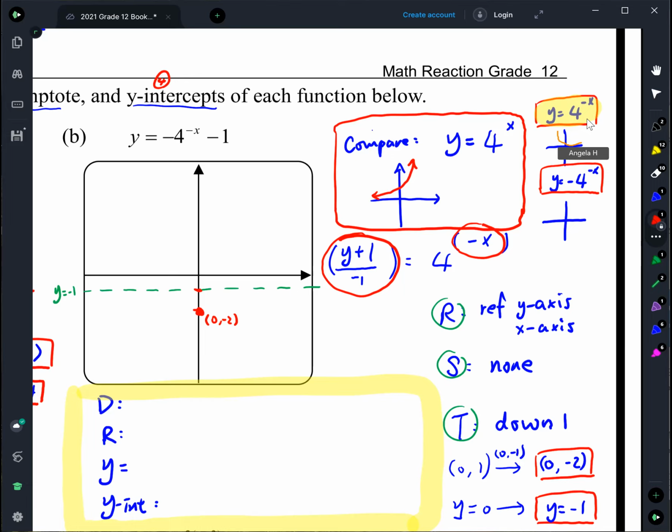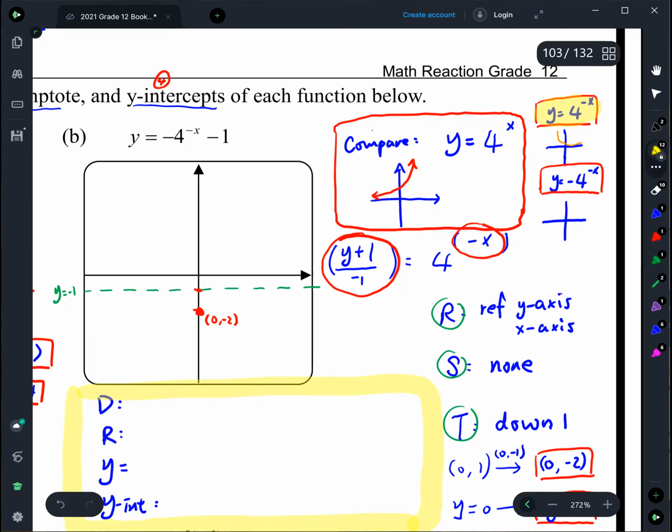Very good. So instead of increasing, now it'll be decreasing. Now, continue from there. Look at the one at the bottom, right below that. You have an extra negative in front. That's telling you we have a reflection again. So reflect over the x-axis. So this time you need to continue flipping that over the x-axis.